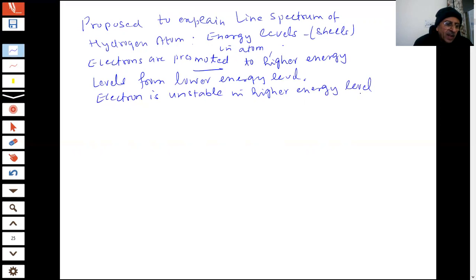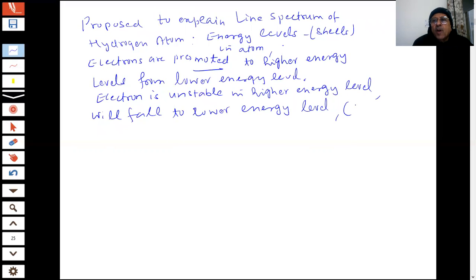Then what will happen? It will fall to a lower energy level in a very, very short period of time, around 10 minus 8 seconds.